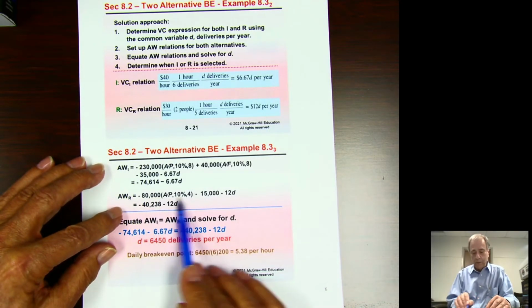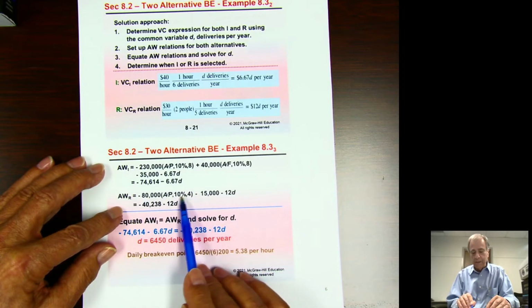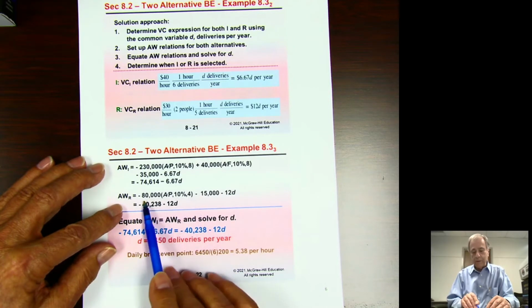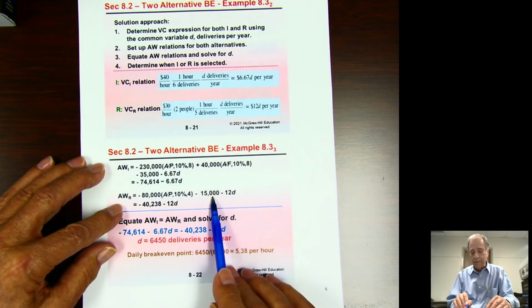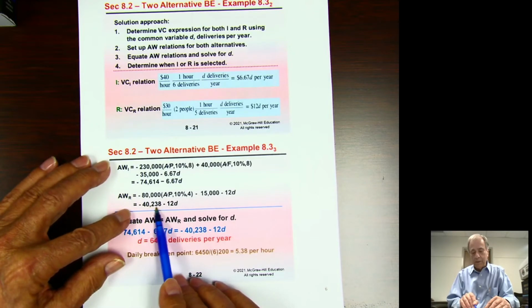So you do the A given P, 10% for 4 years, you get a number, you add that to the minus $15,000 per year, and you get minus 40,238.